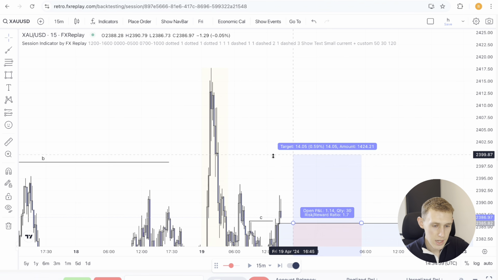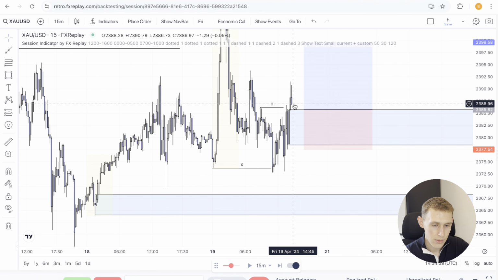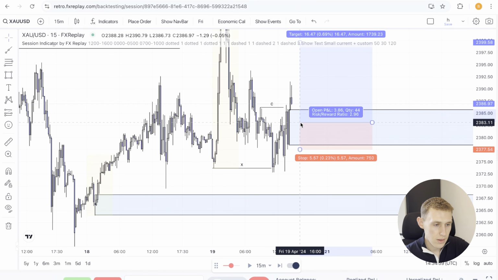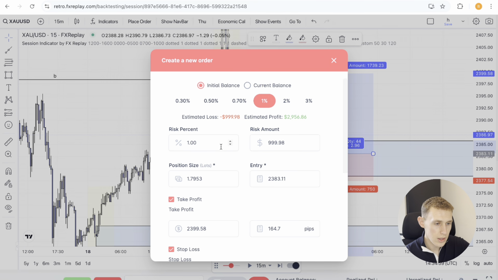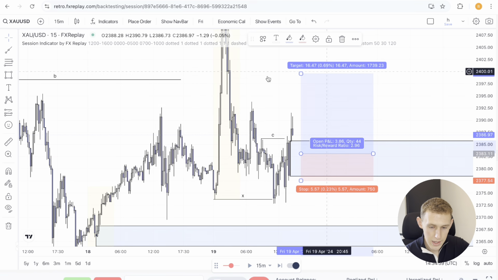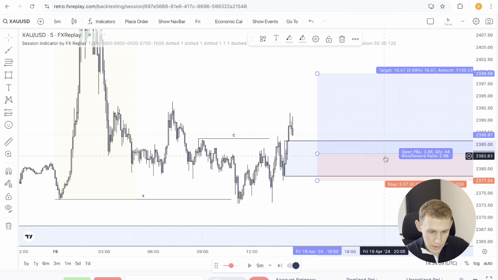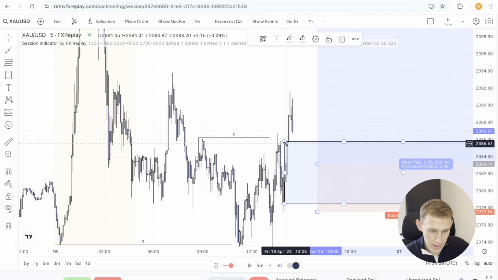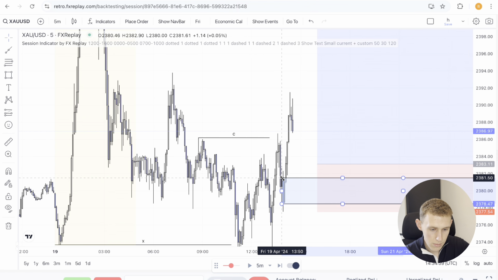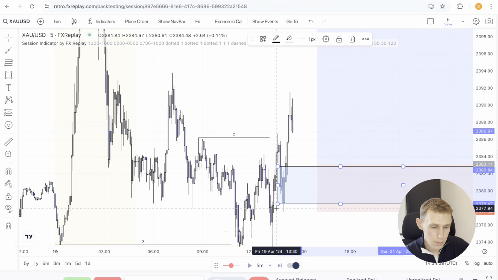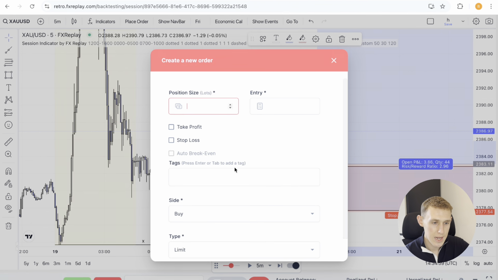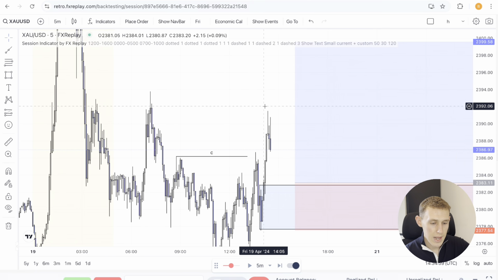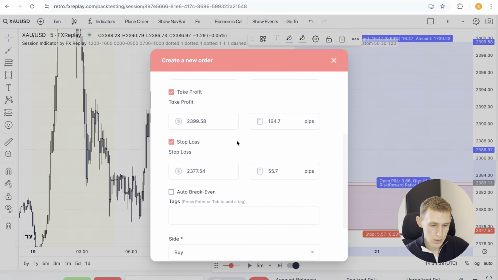So maybe if we drag this down and look for a more refined entry, there's probably also a lower time frame demand here. If we can enter here, this would be fine, but it is a slightly riskier position, slightly lower probability. Let's see if this pulls back for us.